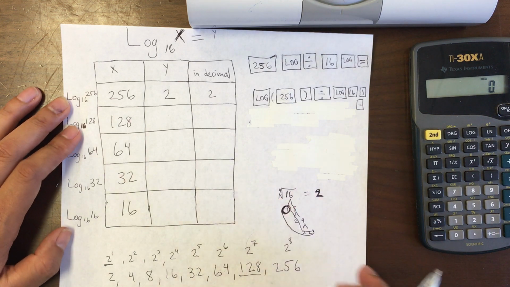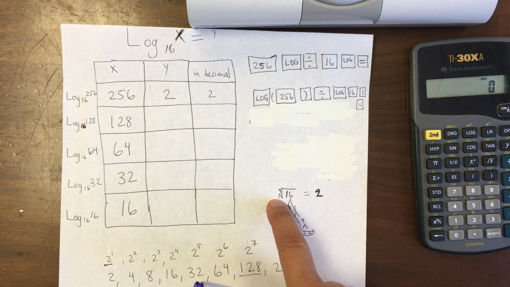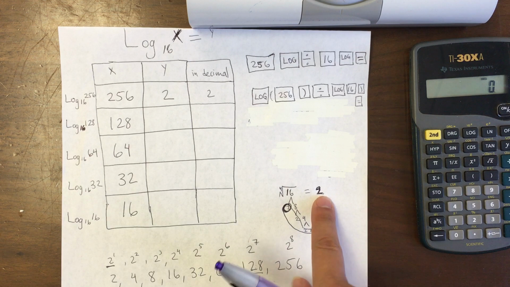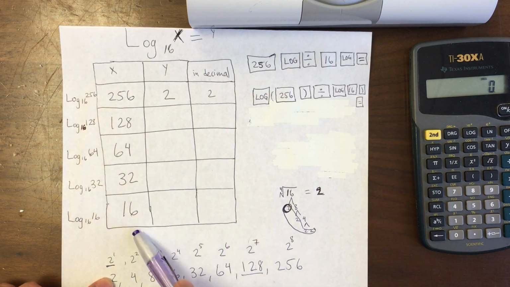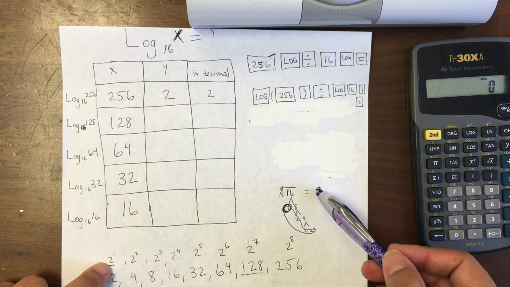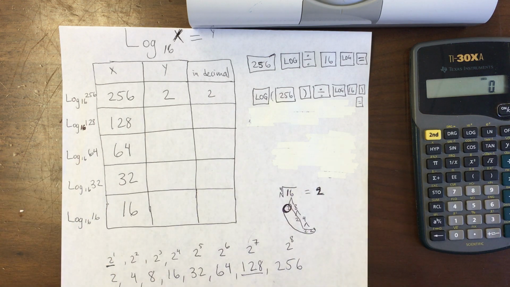So the root index 4 of 16 is equal to 2. Okay, and that's important because, again, as I mentioned, these numbers come from base 2 with some exponent. So basically, we're going to need that information.